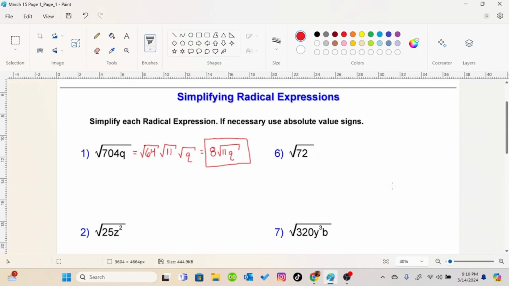For number 6, the square root of 72 can be thought of as the square root of 36 times the square root of 2. The square root of 36 is 6, and we leave the square root of 2. And our final answer is 6 square root of 2.